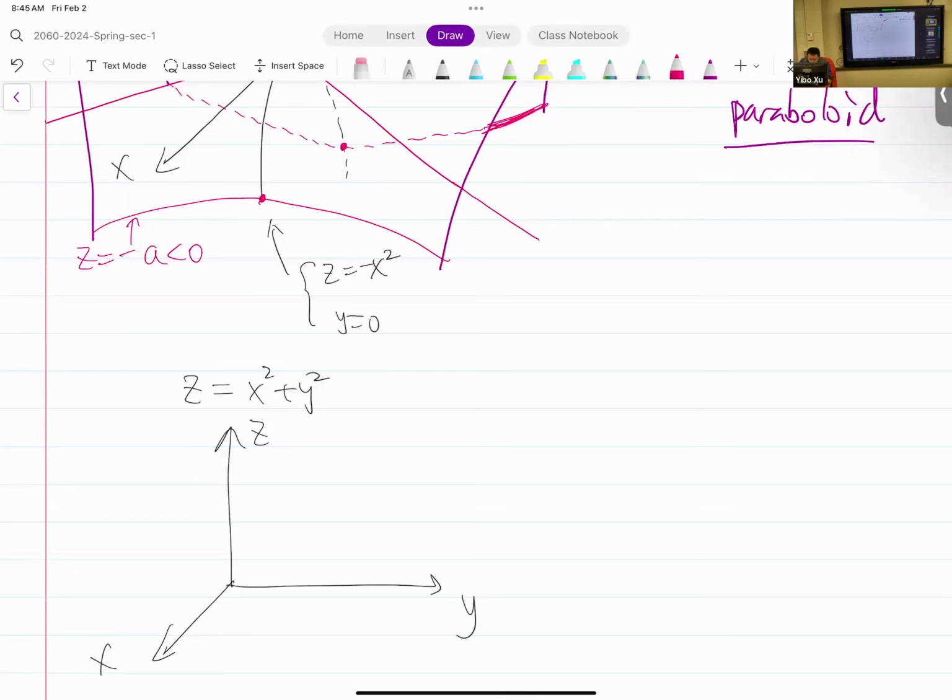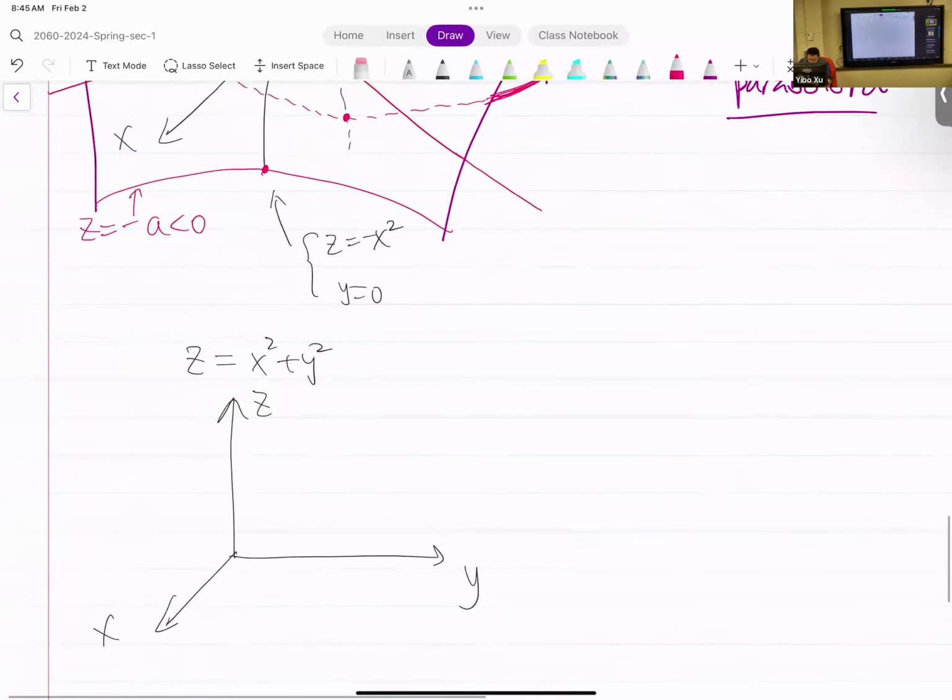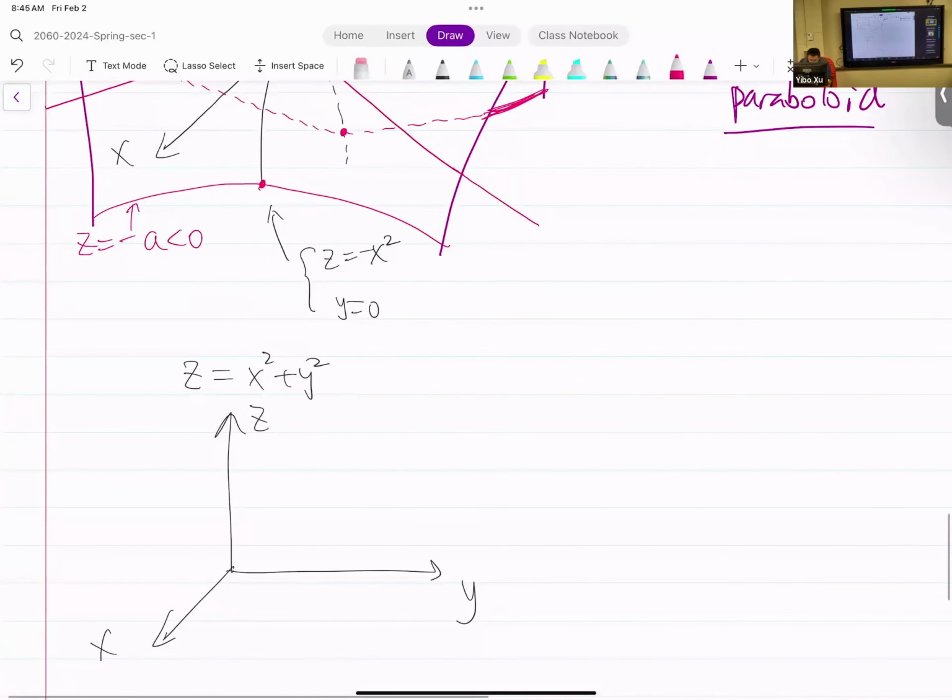So x is 0, we're in the yz plane right here, right? And then when y equal to 0, that's z equal to x squared. That's within the xz plane. This is the piece on the front and the piece at the back. So we have two parabolas.